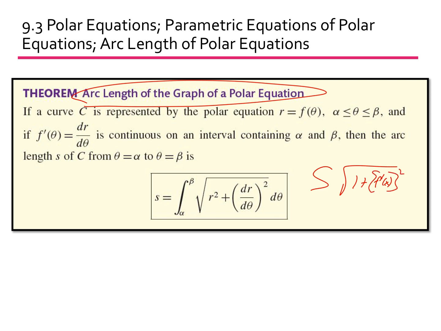So kind of that same idea. Now we're going to have our r squared, and we have our derivative squared, going through the same idea as non-polar, rectangular, any other function that we had before. It's just a little bit of a shift, but it should look the same. We're going to have r squared and then dr d theta quantity squared.